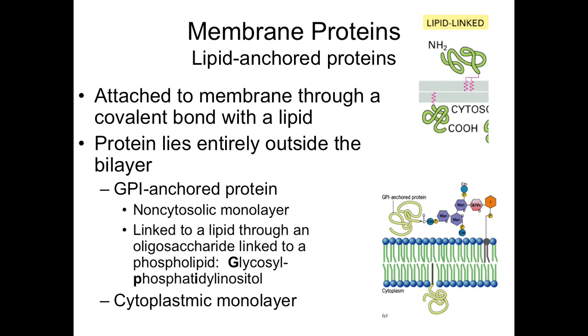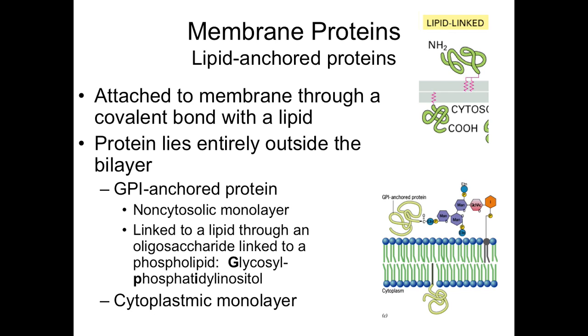Another type that we're not going to talk too much about are lipid-anchored proteins. Trimeric G proteins are a good example of lipid-anchored proteins. Some people would classify these as integral membrane proteins, but they are entirely outside of the membrane. They may be cytosolic or they may be non-cytosolic, but they're covalently bound to a membrane lipid. And so they're not easily removed from the membrane because of that covalent bond.